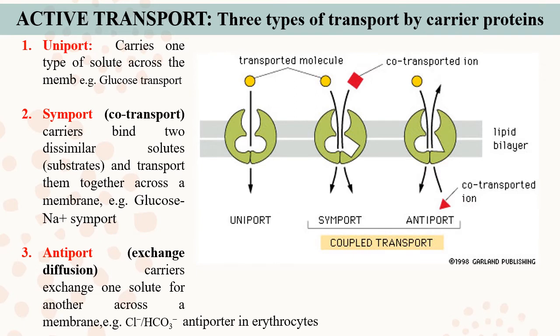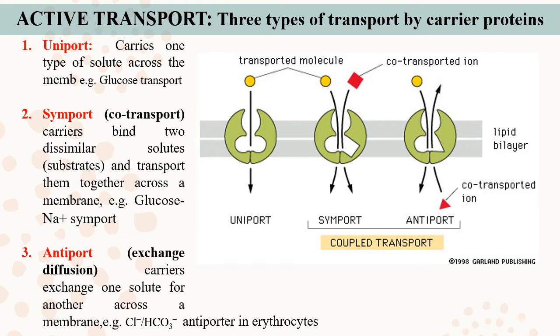Carrier protein performs three types of transport. In uniport, the protein carries one type of solute across the membrane, for example the glucose transport, which was mentioned just now. The second type of transport is symport, in which the protein binds two dissimilar solutes and transports them together across a membrane.